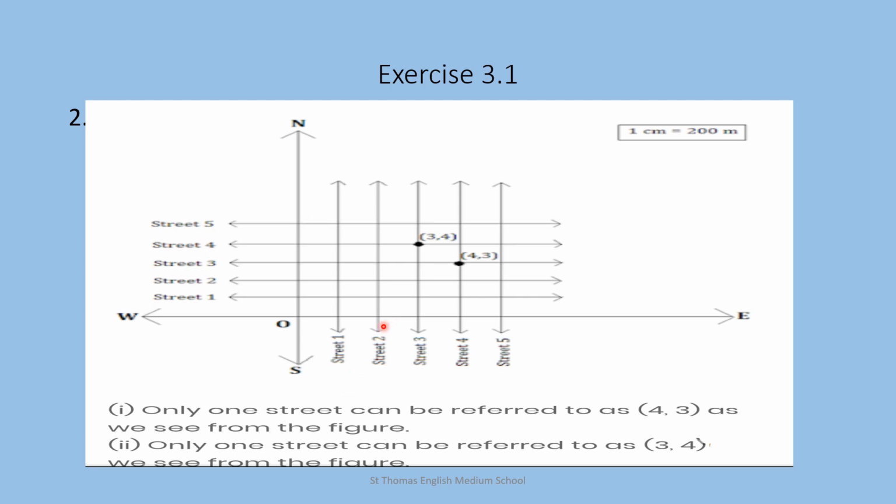For example, a point locating on 2, 5, that is 2nd street on the x-axis and 5th street on the y-axis. So this will be the point locating by 2, 5. Now the question is, how many cross streets can be referred to as 4, 3? Now look into the point 4, 3. You are having only one cross street. The same way for the point 3, 4, we can see that only one cross street is referred as 3, 4.